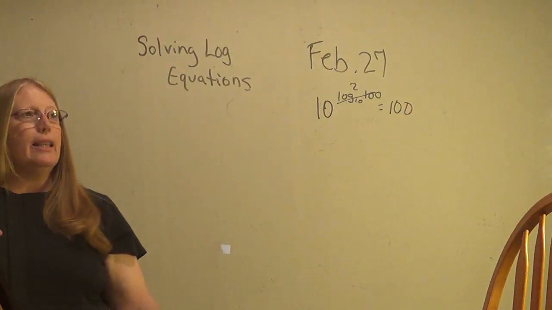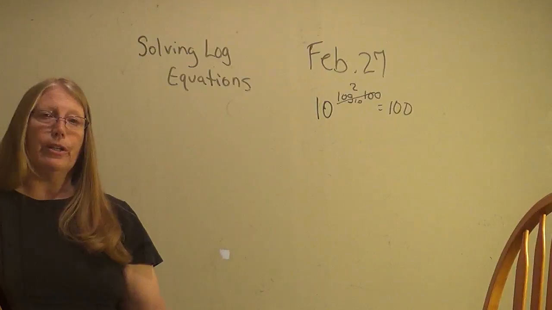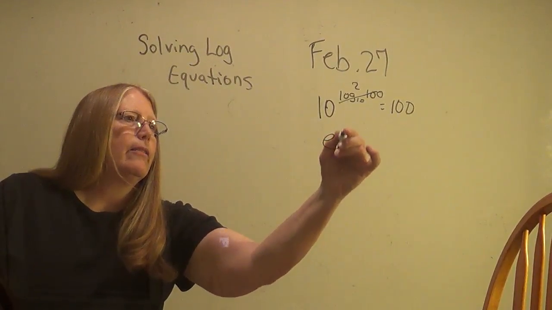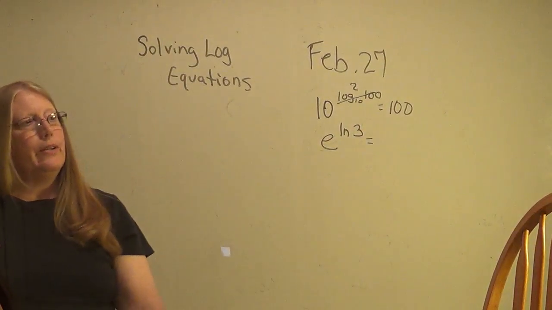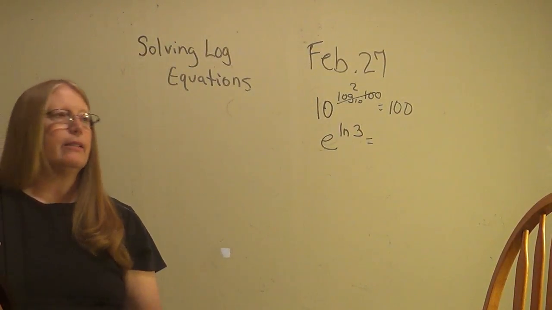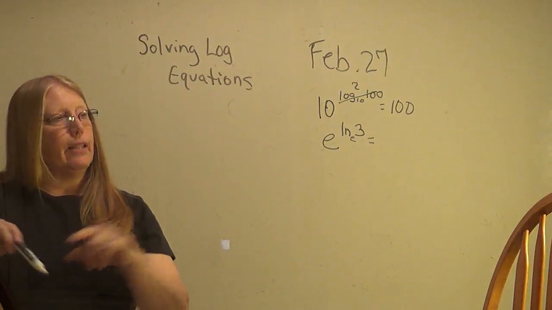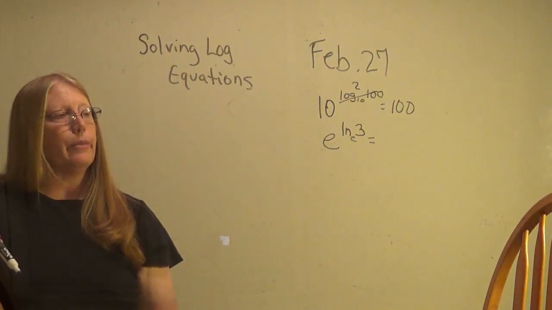So you can see the relationship there so that you can apply it when you don't know the logarithm in the exponent, such as e raised to the ln of 3. So when you have that, that means this is base e, it's understood. So the exponent is the number I raise e to get 3.